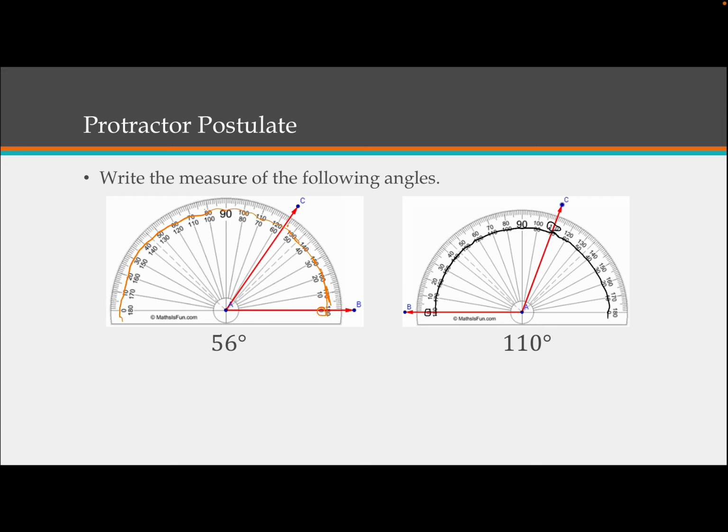So when I look at that picture on your notes, there is 1 ray that goes through 110 and 1 ray that goes through 45. And the difference between 110 and 45 is found by subtracting it. All right? So to answer that question, how could you find the measure of an angle when neither ray is lined up? Subtract.